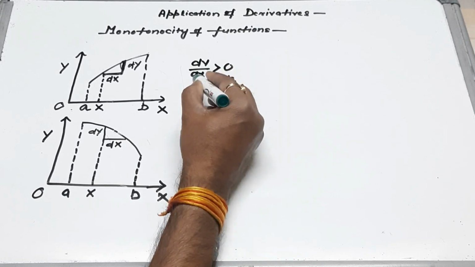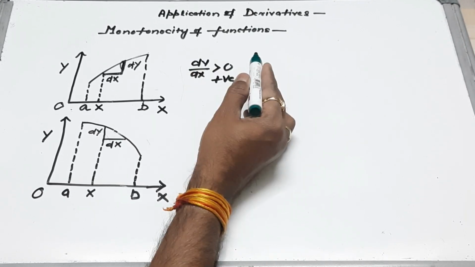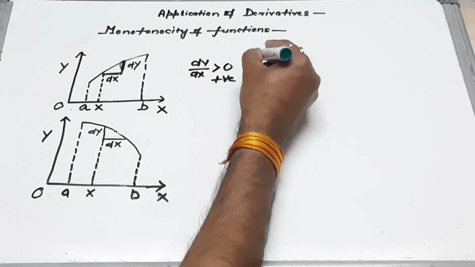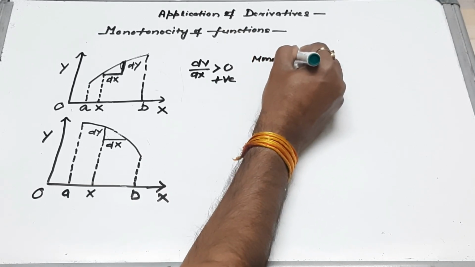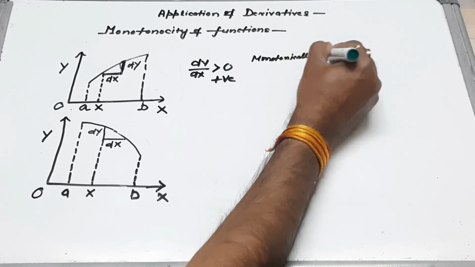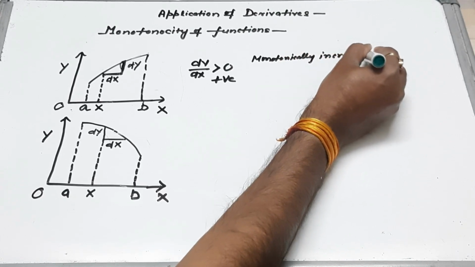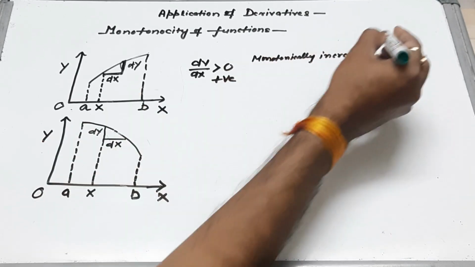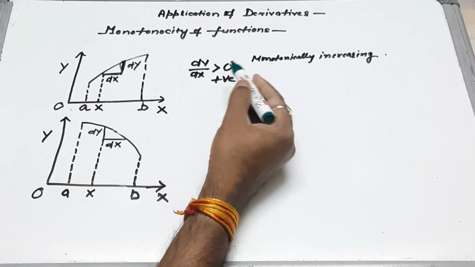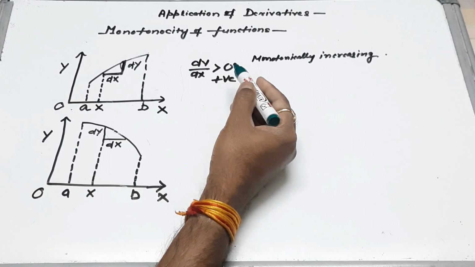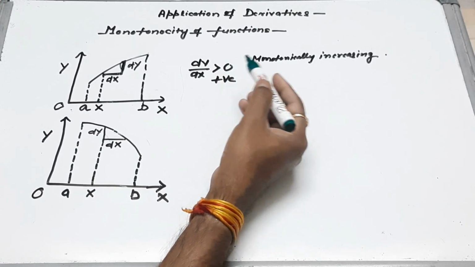It means once x increases, y also increases. In case of monotonically increasing function. Correct? This concept you have to grab. What is the meaning of dy by dx greater than 0? Means once x variable increases, y value also increases.